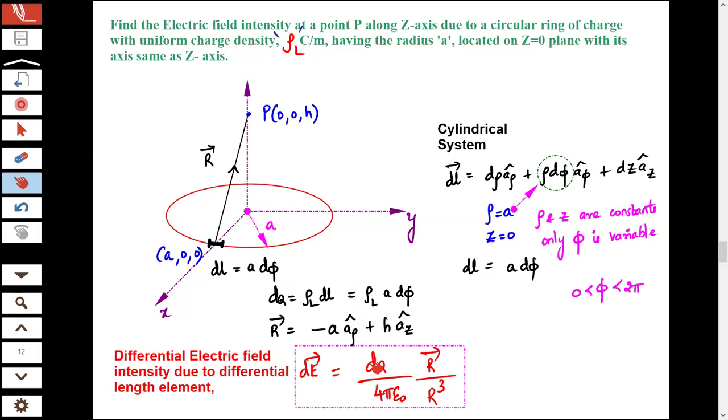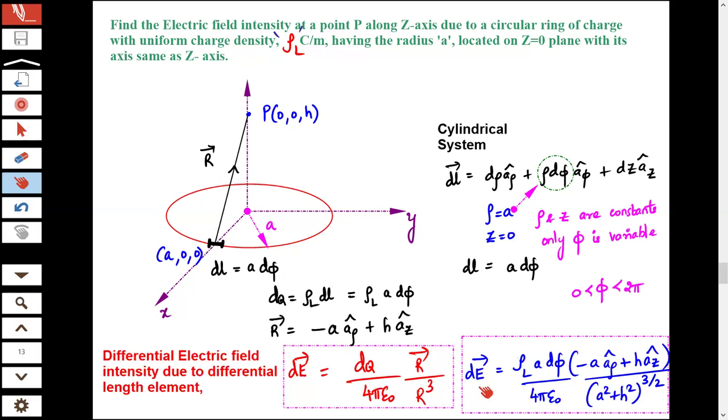Substituting all these into this expression, we'll get the differential amount of electric field intensity expression as rho L into A d phi in place of dq, and in place of vector r, we have minus A a rho plus h az, and in place of r cube, we have A square plus h square the whole power 3 by 2.